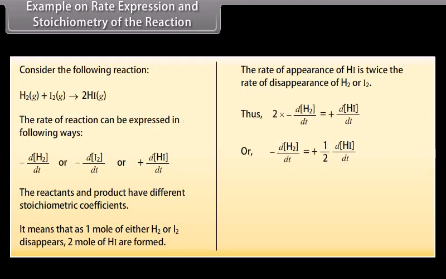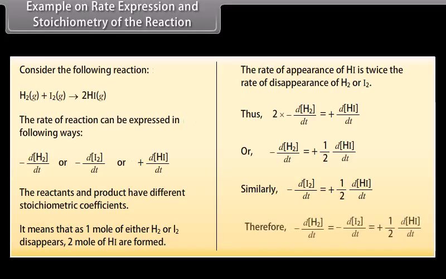Thus, -d[H2]/dt is equal to +1/2 d[HI]/dt. Similarly, -d[I2]/dt is equal to +1/2 d[HI]/dt. Therefore, -d[H2]/dt = -d[I2]/dt = +1/2 d[HI]/dt.